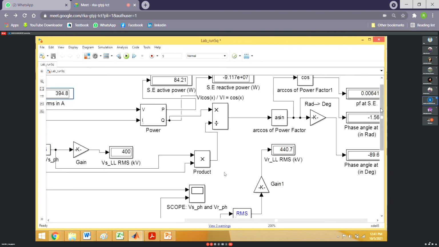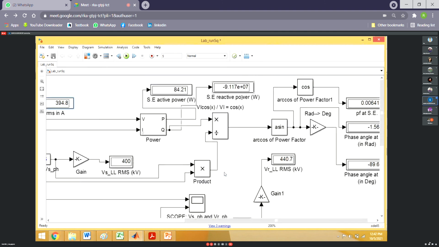Then you see sending end power and receiving end power. Now you see sending end reactive power is huge because there is no load. So active power obviously will be very low. Ideally, it should be a zero loss transmission line. But since there is some resistance and reactance, it is showing some power.